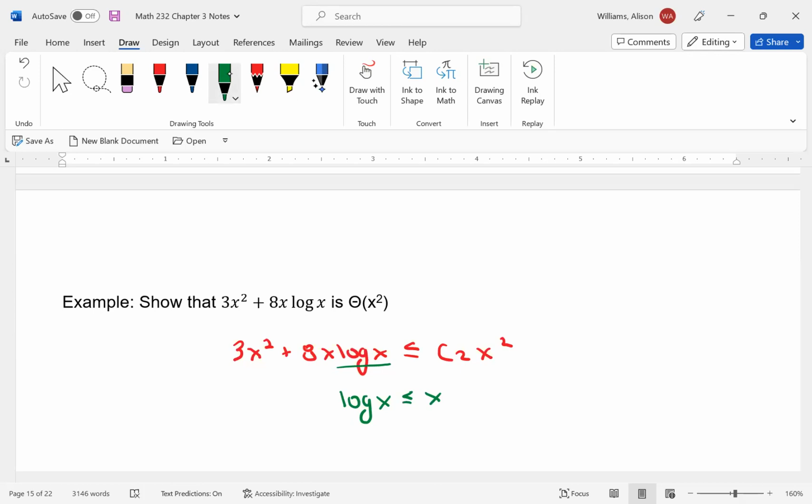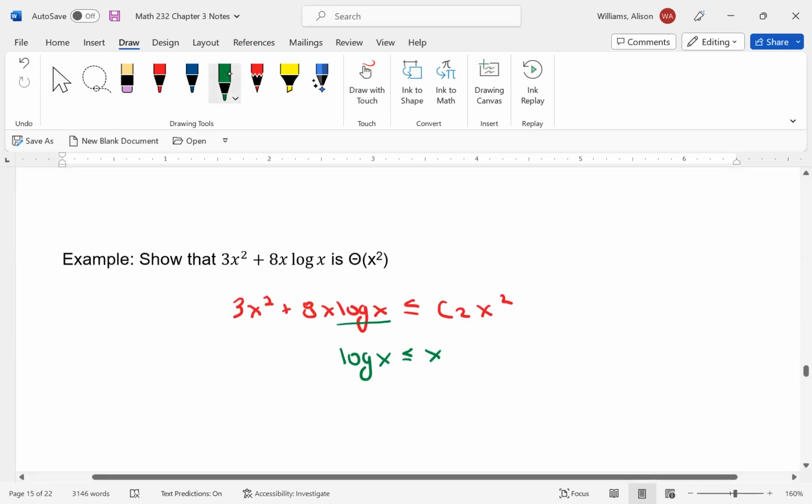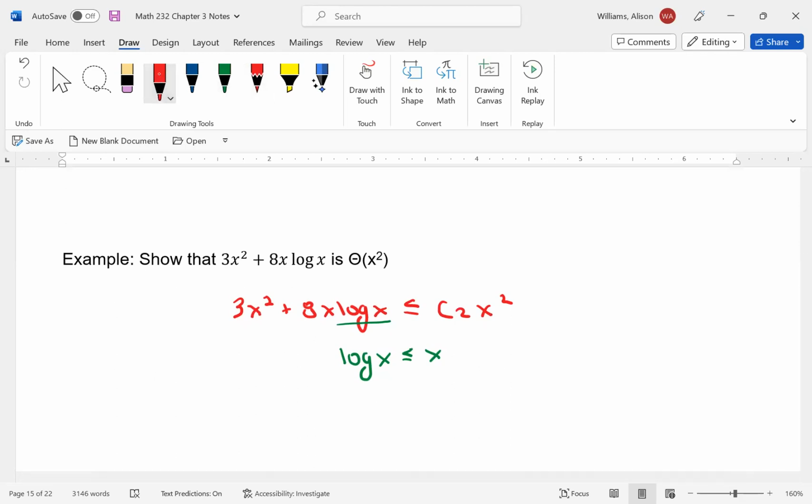And here's why. Remember what log is: exponent notation. If I change this to exponential form, I did that backwards. Sorry, I'm just changing it to log form and I'm doing a terrible job.